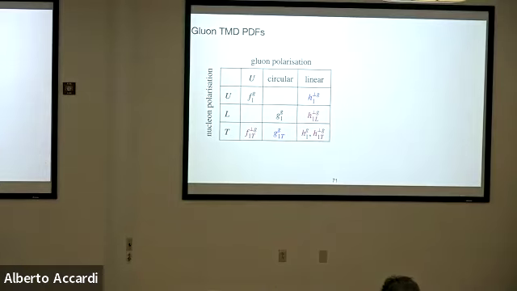Okay, so in very short summary, yesterday we saw how we can access the spin structure for longitudinally polarized photon, so that we have contributions from the spins of the quarks, which is around 30%.